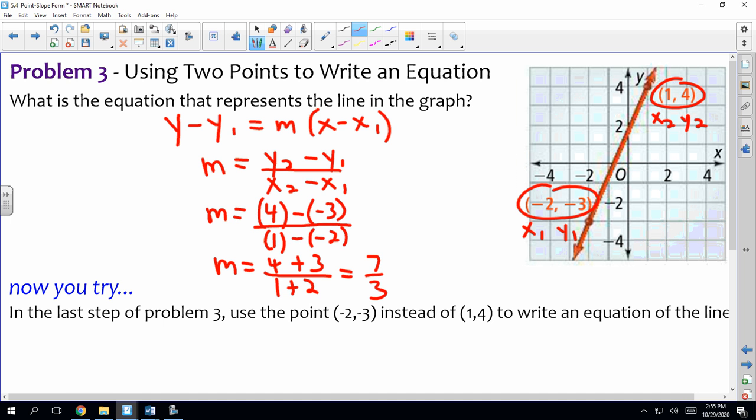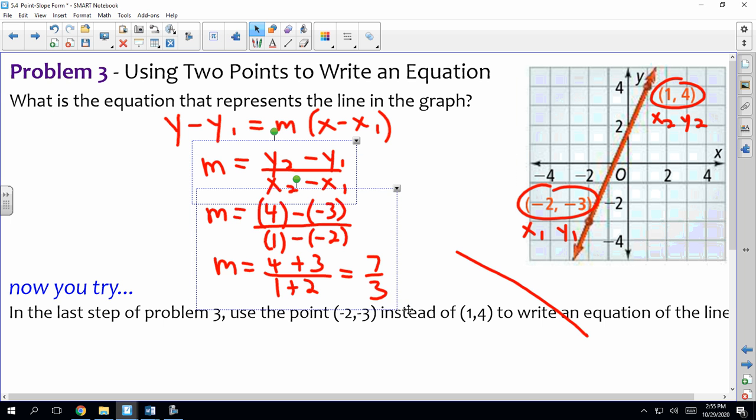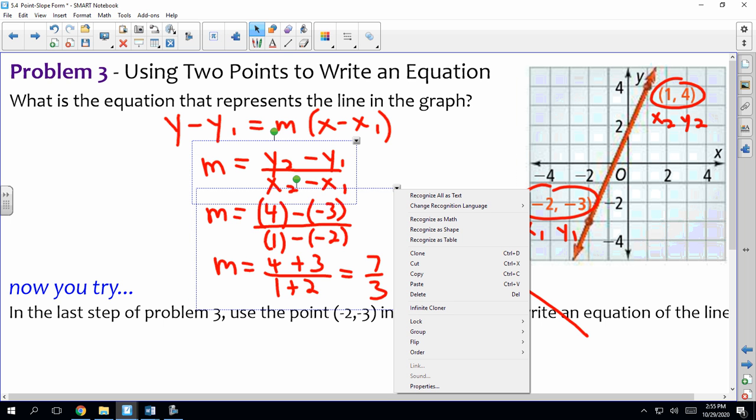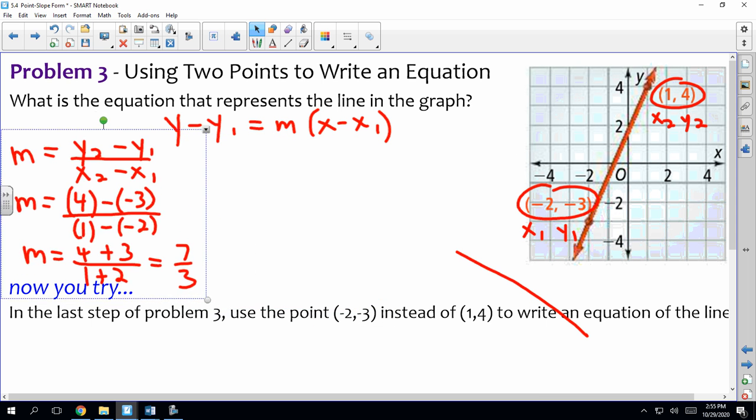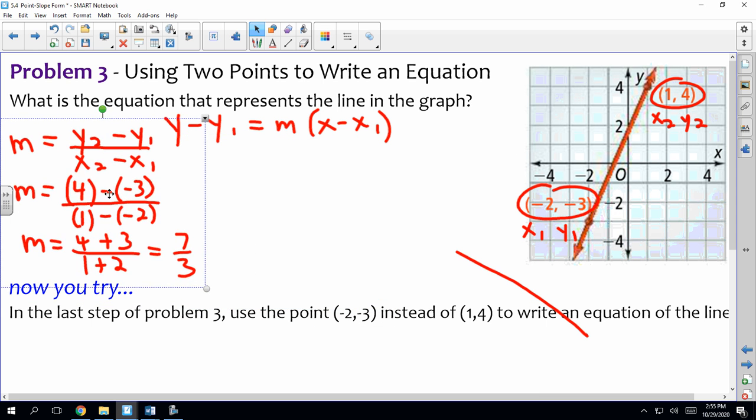All right, so here's what I have so far. Let me take all this right here, and I'm going to group it together, move it over here. So there's my calculation for slope. We'll just move that to the side.